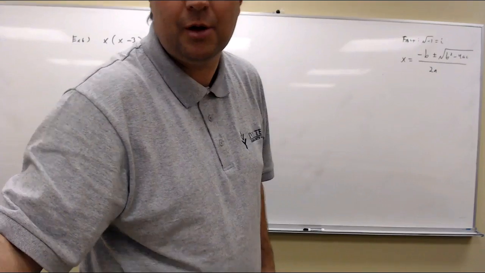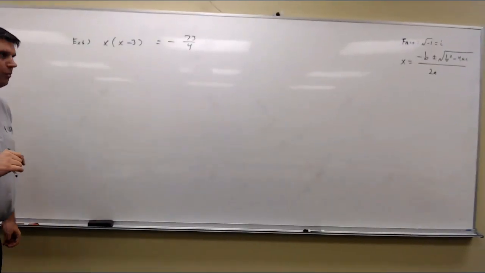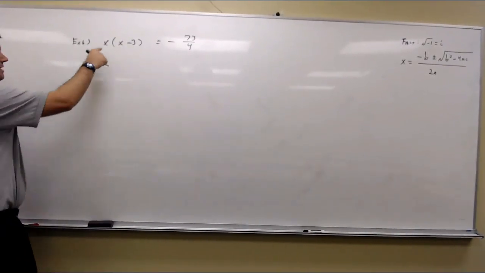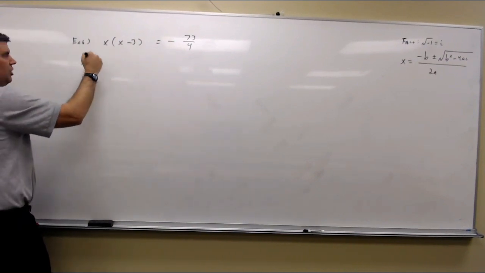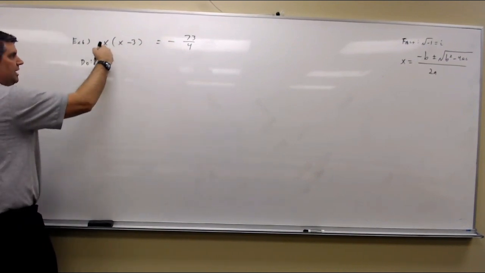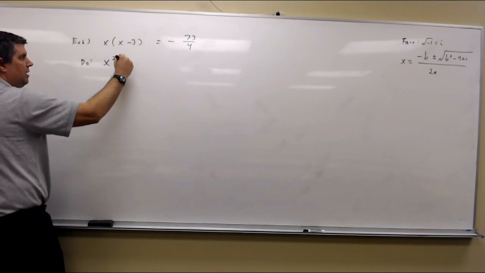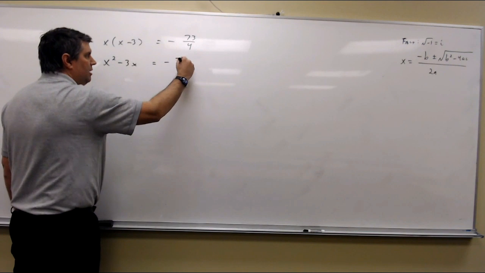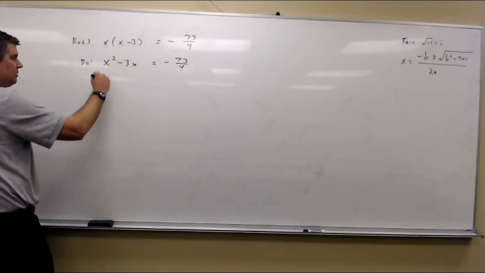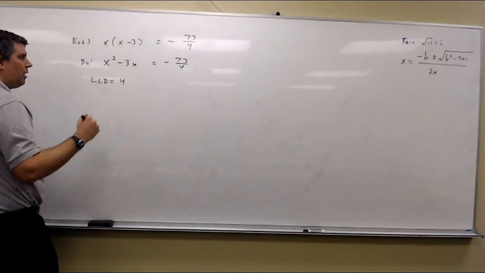All right. Okay, here's another example. x times x minus 3 is negative 73 fourths. First of all, we're going to distribute this as x squared minus 3x equals negative 73 fourths. Next, the LCD is 4.